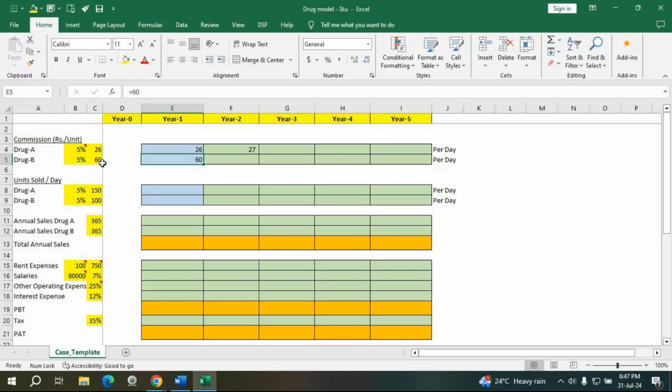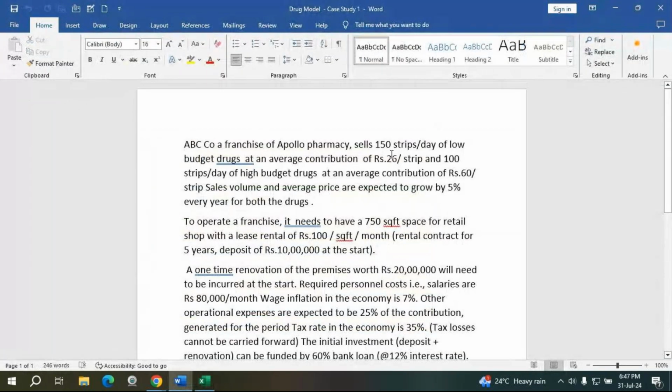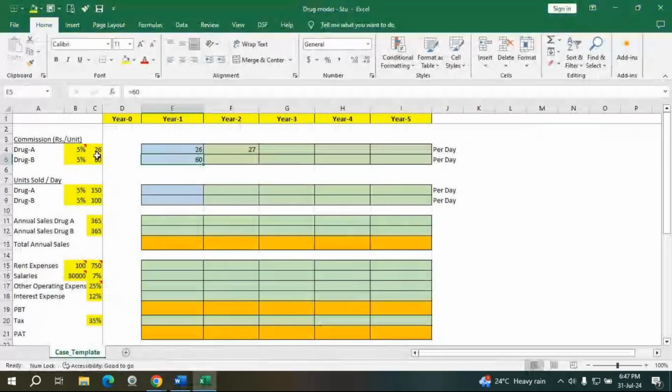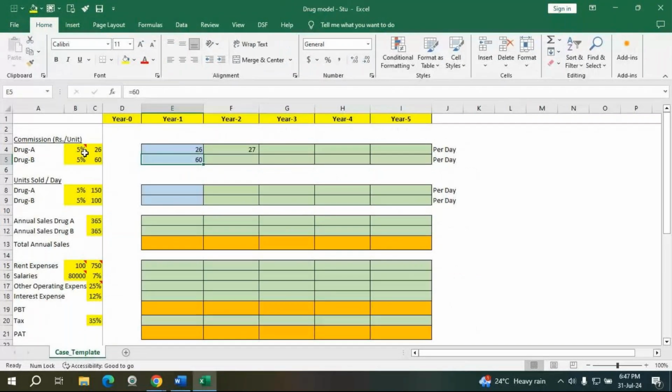In the question, they are telling rupees per unit, units sold. So here it is explained: sells 150 strips of low budget drug at an average contribution of rupees 26 per strip. So commission rupees per unit is 26.